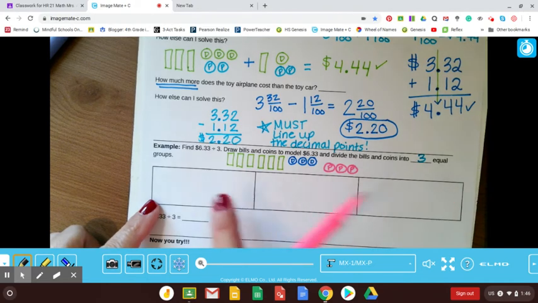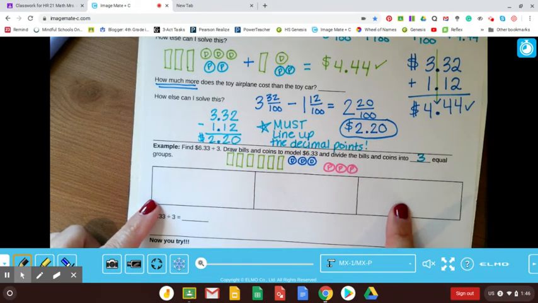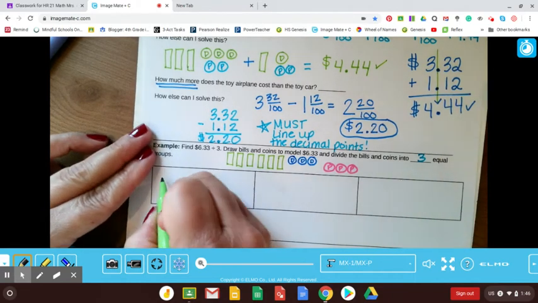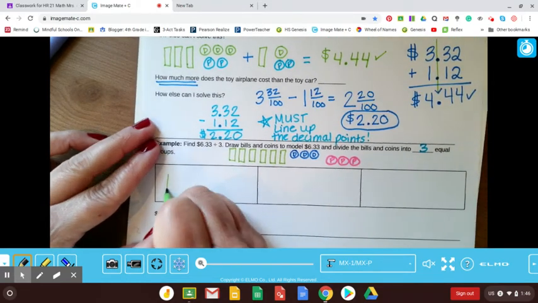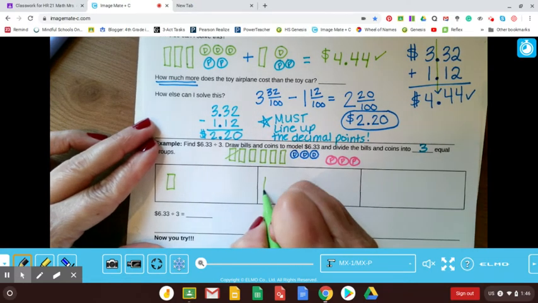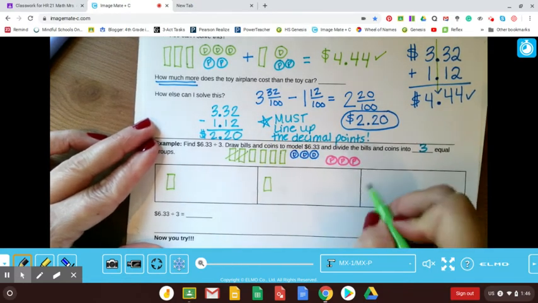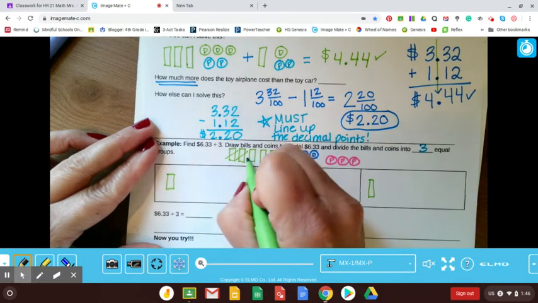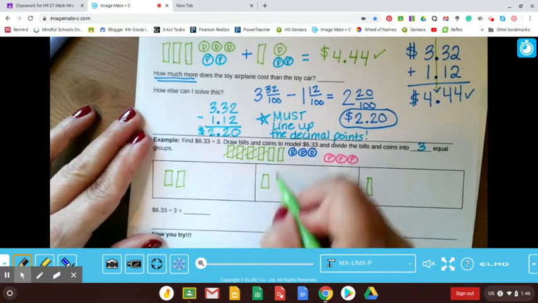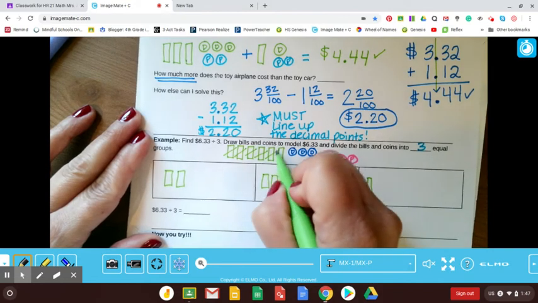All right. And now I'm going to distribute these dollar bills and coins to these 3 equal groups. So, kind of like Oprah and her favorite things, right? You get $1 and goodbye to that dollar. You get $1. You get $1. Don't forget to cross that out. Okay, I have another one. I can give you one more. And this group gets another one.